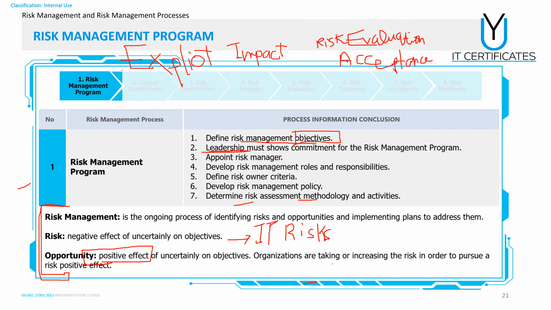Of course, you know that IT risks are covered in ISO 27005. Enterprise risk is covered in ISO 31000.